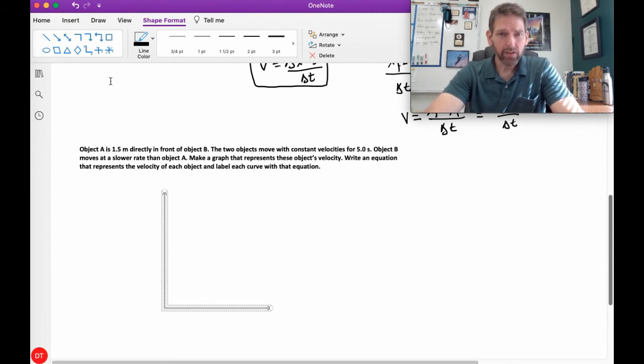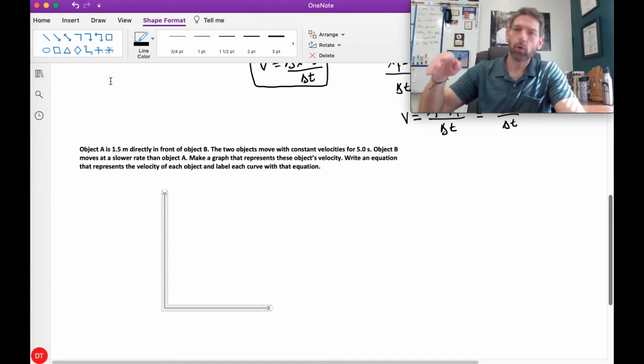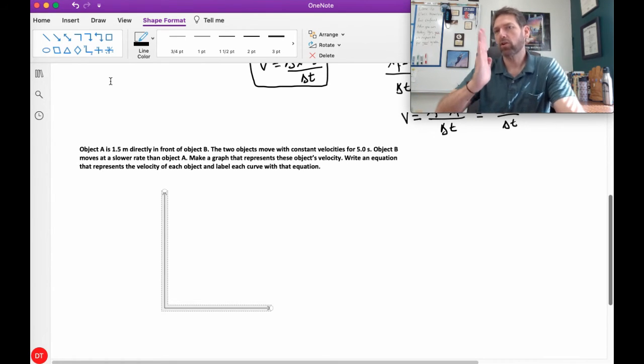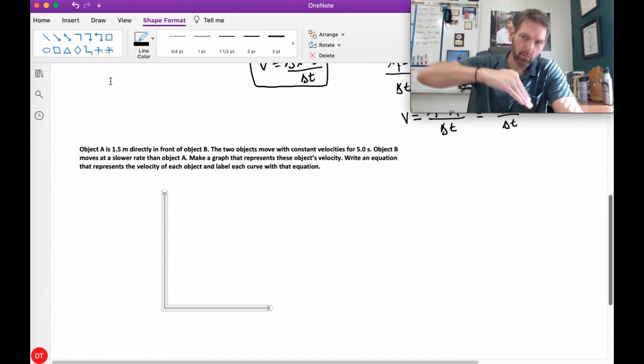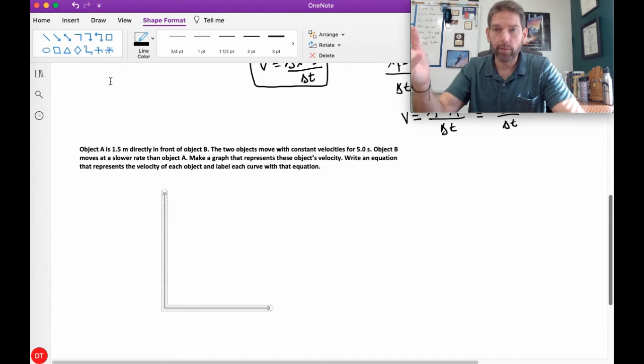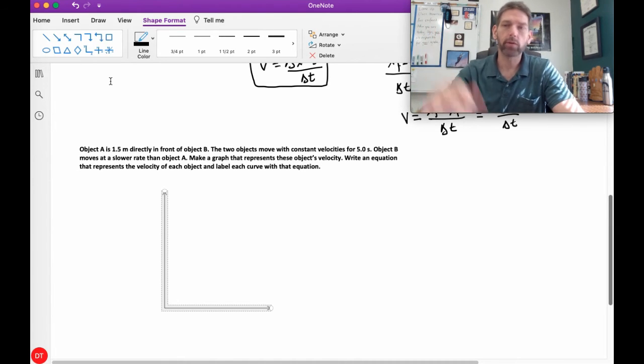It says we've got an A and a B. The two objects move with constant velocity, so the slope line is going to be a nice even slope. If it's not constant, we would see it moving back and forth. Sometimes the curve would go up and then wind down, whatever the case might be, just like you've seen from things we do in lab, the lab data that I post, and things we've talked about in previous lessons and videos.